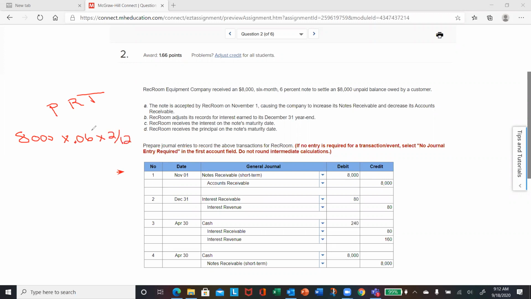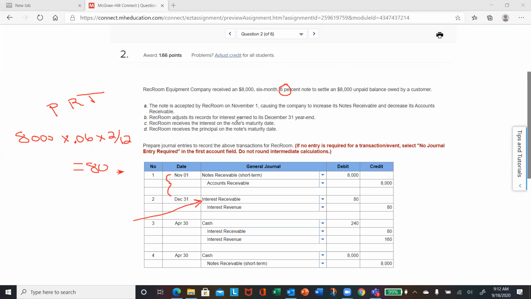I say 2, because remember the interest rate of 6% is always given as usually an annual rate. And from November to December, they have earned 2 months interest, and that'll give you right at, looks like it's $80. So notice what you do is you'll debit interest receivable and credit interest revenue.